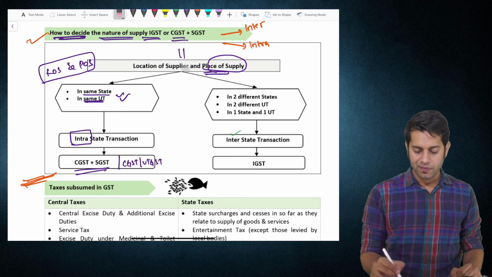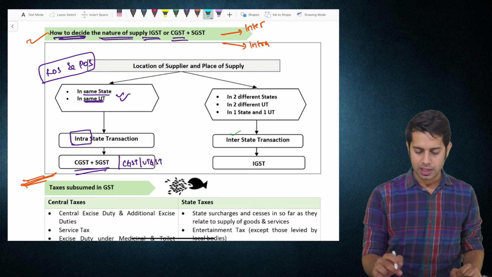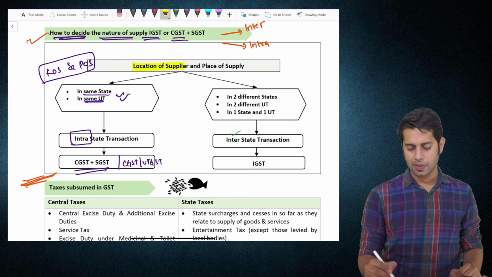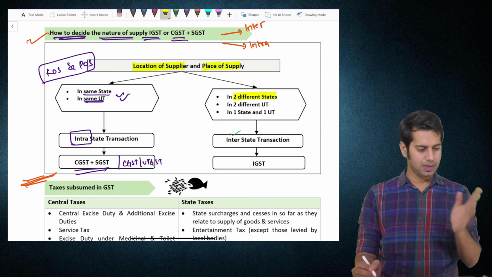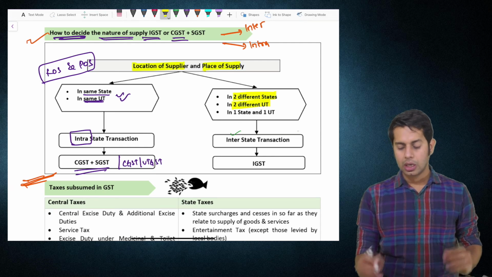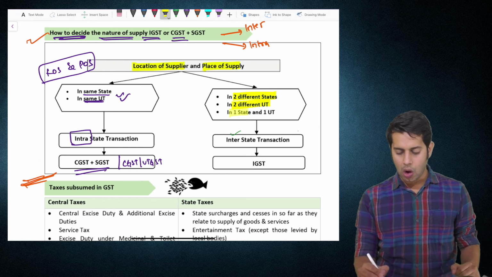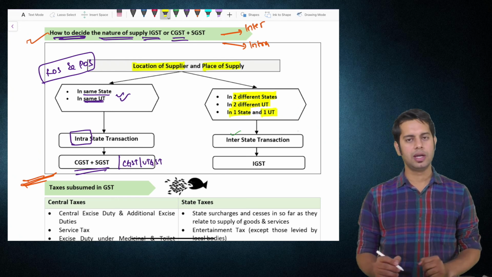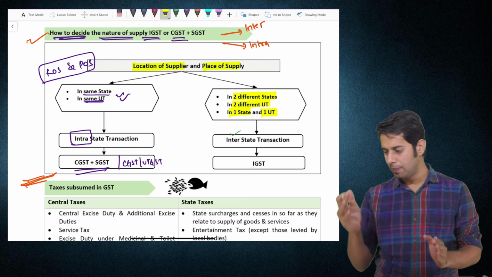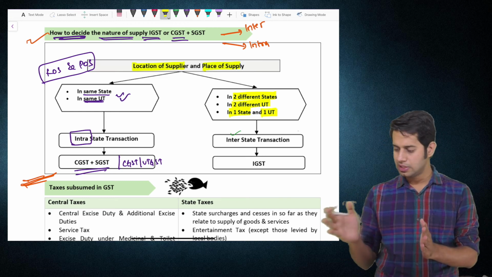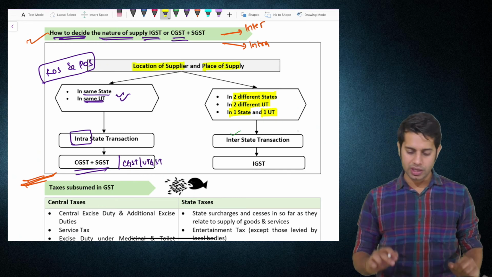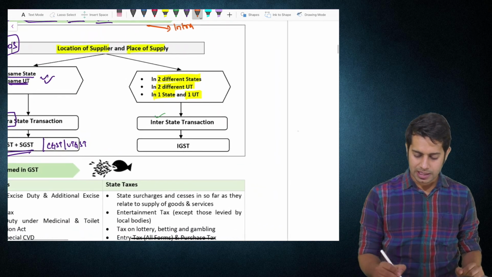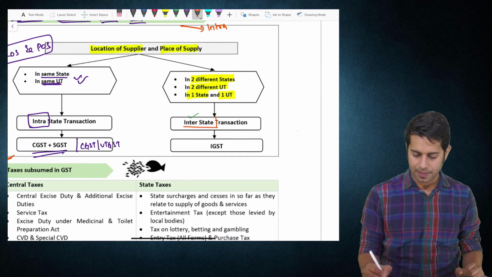So if the location of supplier and place of supply is in two different states, or two different union territories, or one state and one union territory, then it is called interstate supply.